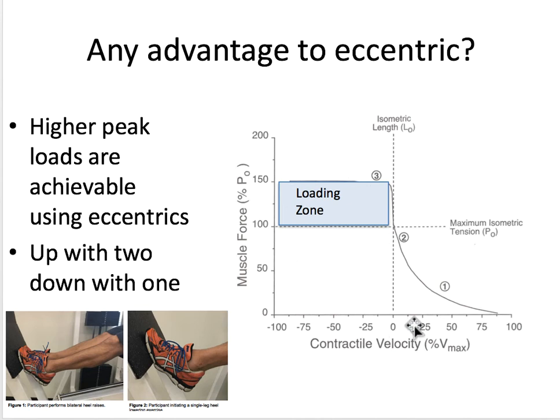This is a force-velocity curve where concentric contractions are represented on the right and eccentrics to the left of this midline, which is the isometric contraction point. If we're only working concentrics, or as high as they can get with a concentric contraction, we're only working in this range to the right, which doesn't tap into the higher ability of the muscle to take on load, or achieve forces, during an eccentric contraction.